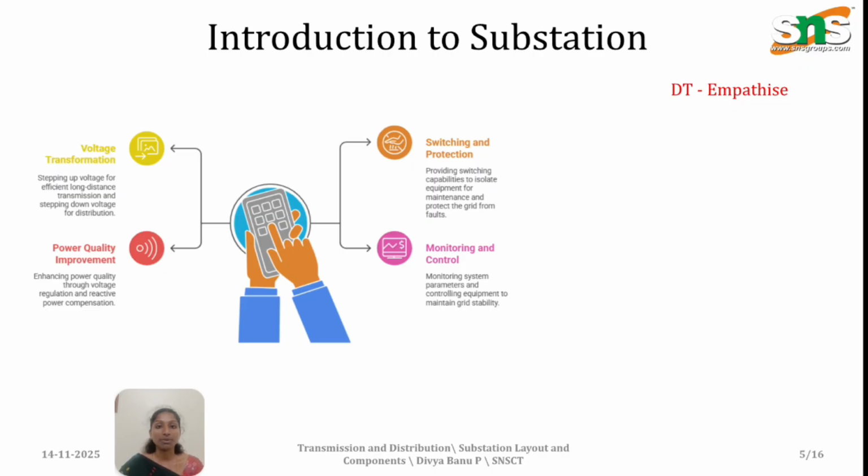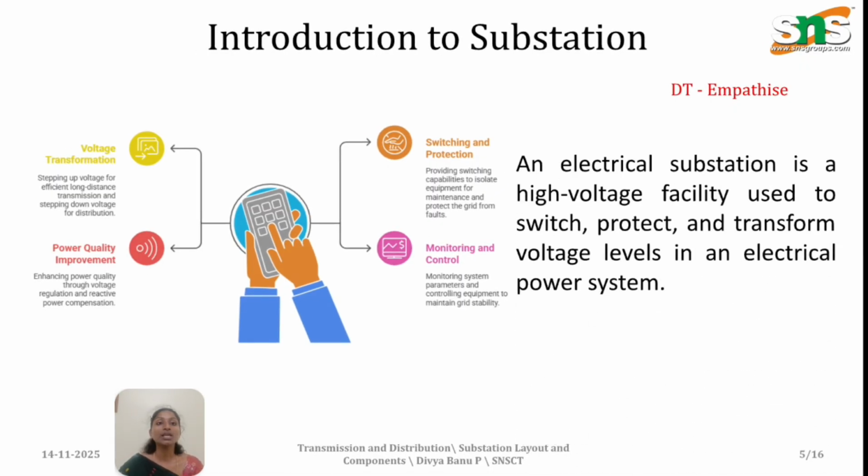For power quality improvement, we enhance the power quality through voltage regulation and reactive power compensation methods. All of this happens in the substation. An electrical substation is a high voltage facility used to switch, protect and transform voltage levels in an electrical power system.